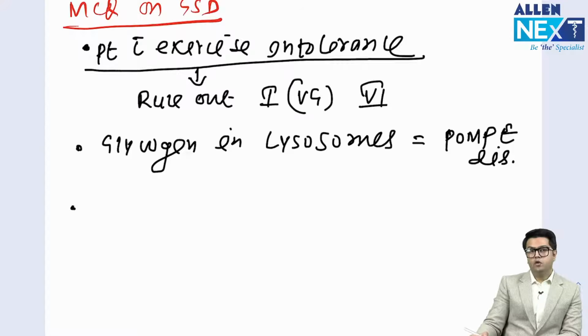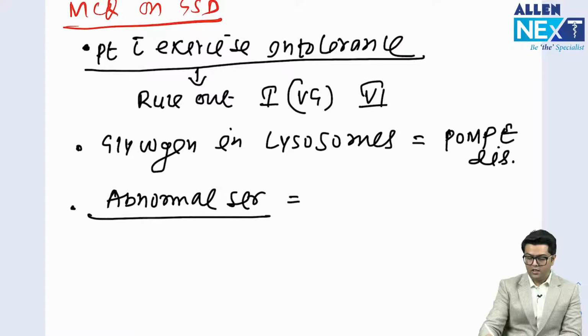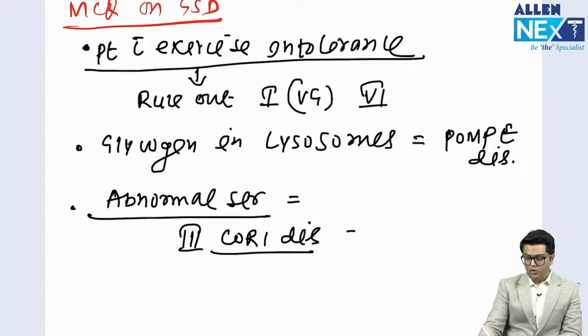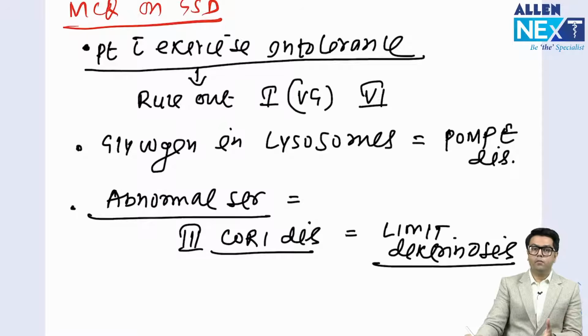Then if the glycogen structure is mentioned in the MCQ and they say that it is an abnormal glycogen structure, right, there are only two possibilities. That is type 3 disease, Cori's disease, and Cori's disease is also called limit dextrinosis, because they have a glycogen structure which looks like a limit dextrin, with short branches, clear? They have very short branches.